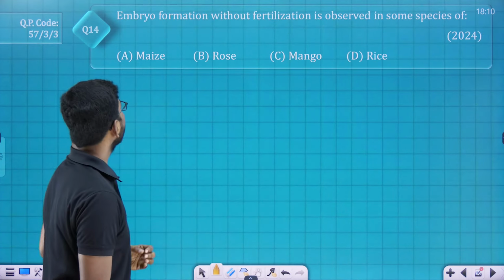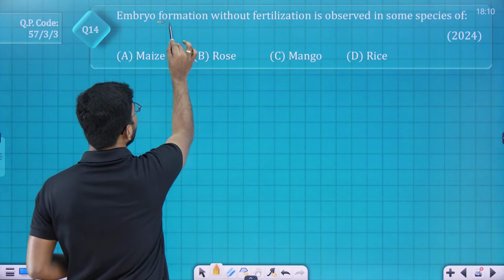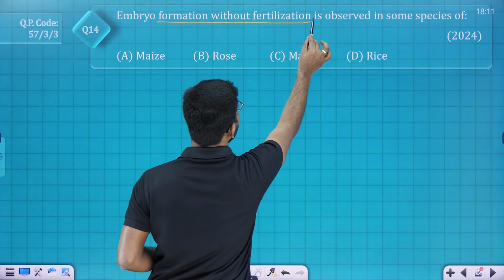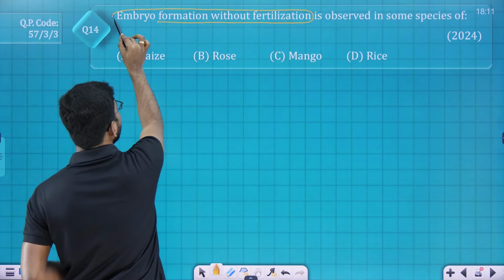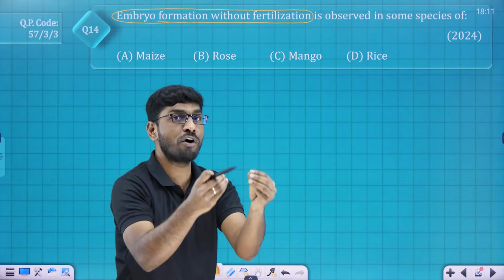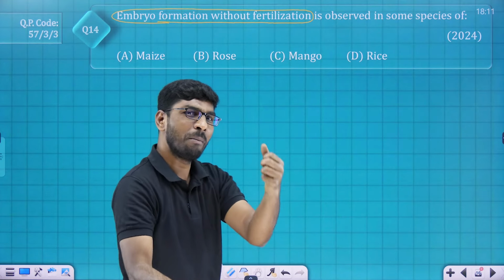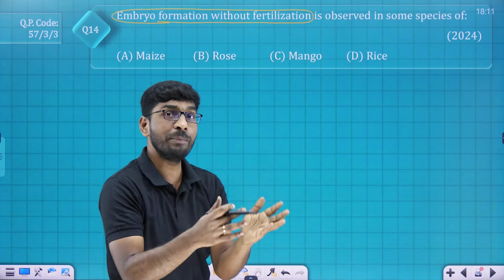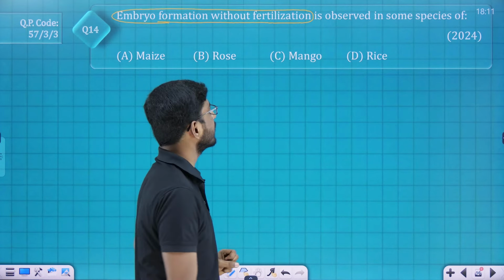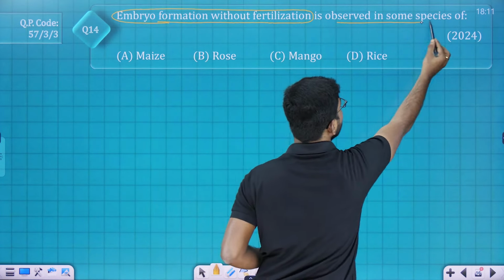Question number 14. Embryo formation without fertilization. Basically, embryos are formed after fertilization. But what is mentioned in the question? Embryos are formed without fertilization, observed in some species.